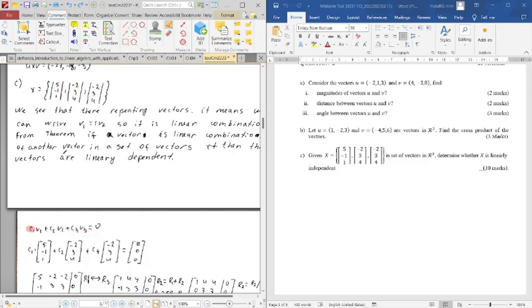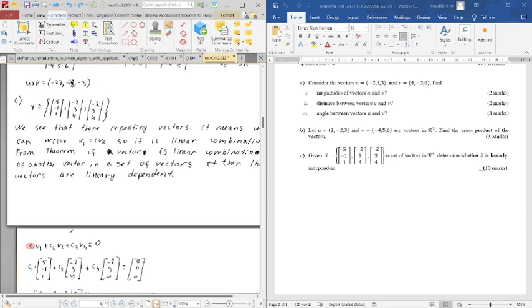But first, before calculating, as you can see, our second vector and third vector are exactly the same. So when it's the same, or when you can write one of the vectors in the set as a multiple of another vector, you can just conclude that these vectors are dependent.